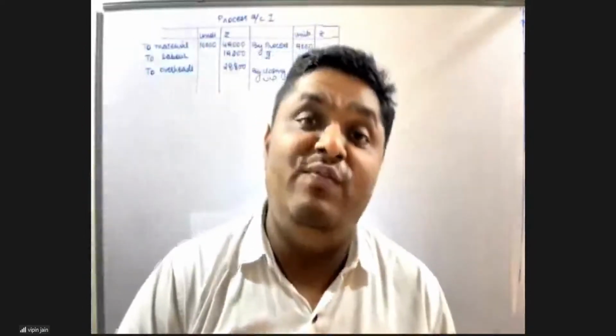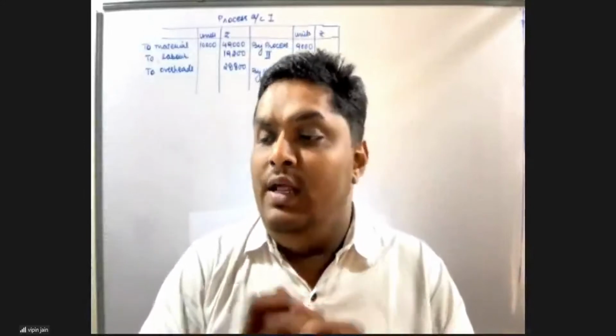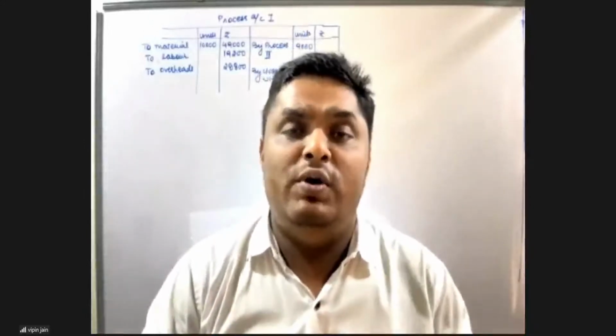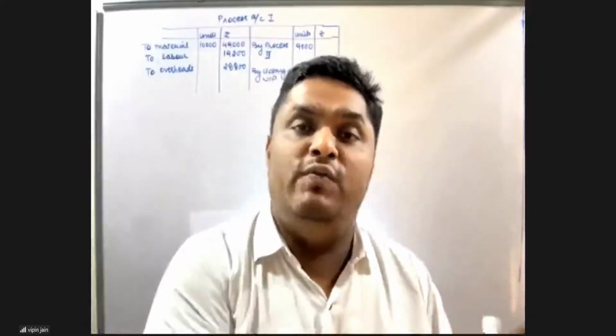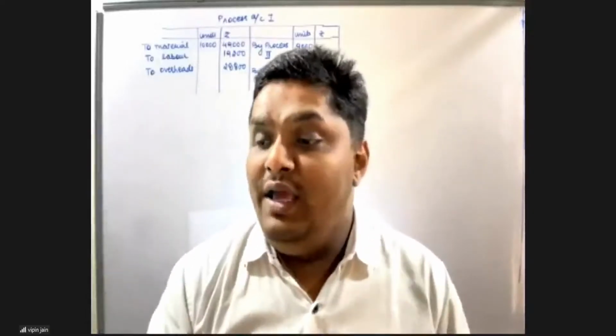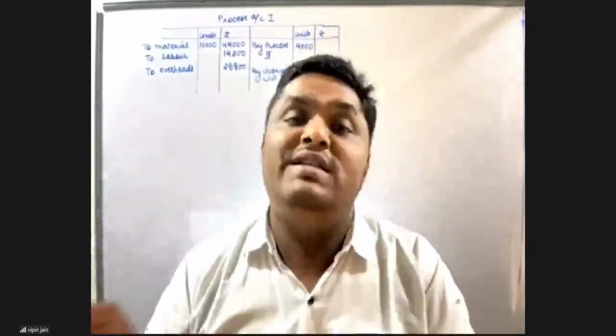Now, herein in this question, the percentage of completion of material, labor, and overheads is different. See, if one percentage of completion was given, let's say the closing work in progress is 80% complete, we would have easily calculated by the approach we have already discussed. Now, herein the percentage of completion of material and labor and overheads is different.